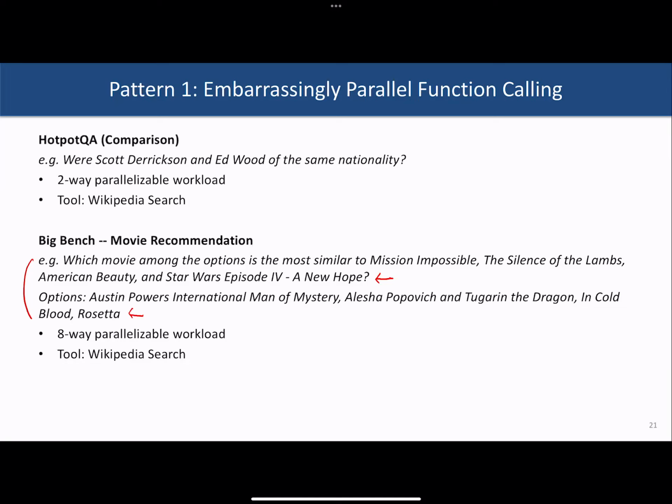Out of those 4 movies in the options, you need to choose the one that is the most similar to the 4 movies given above. This defines an 8-way parallelizable workload, and your LLM needs to search for all those 8 different movies to be fully informed about them and then make the best decision.